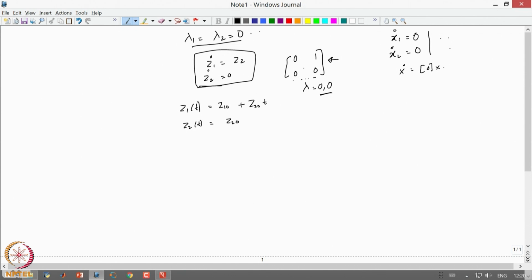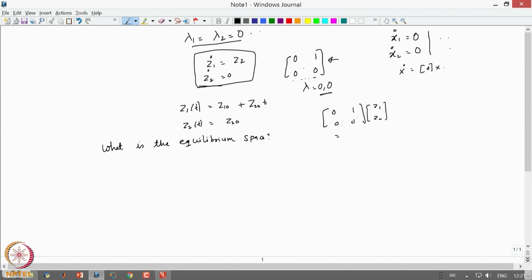Okay. Now, what is the equilibrium space? In this case, you can check easily, I am just looking at the solutions for Z1 and Z2.